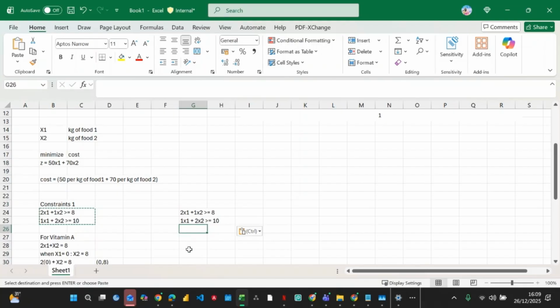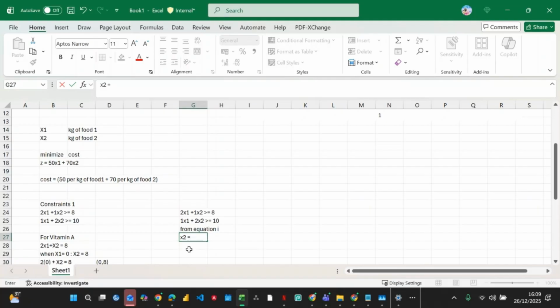So from equation one, we now do simultaneous equations.